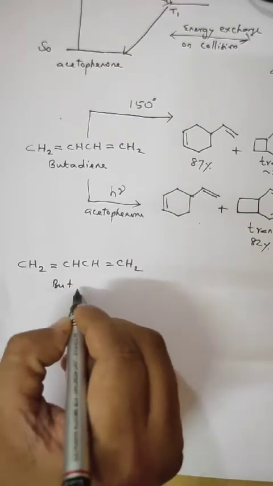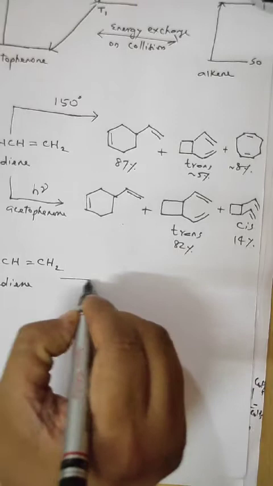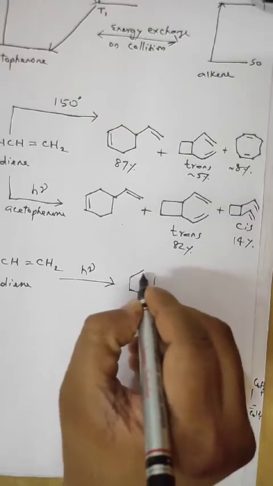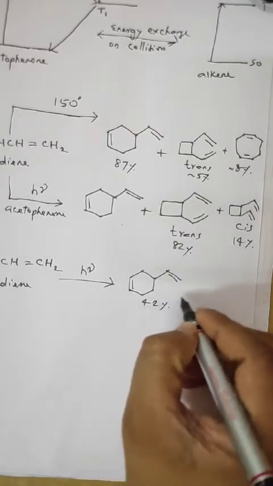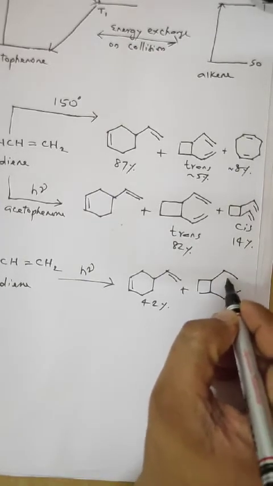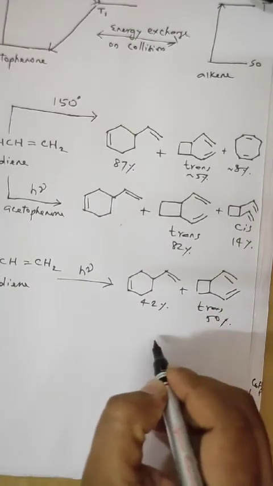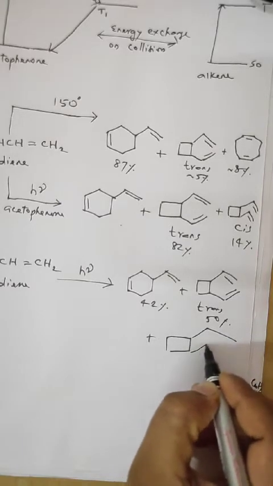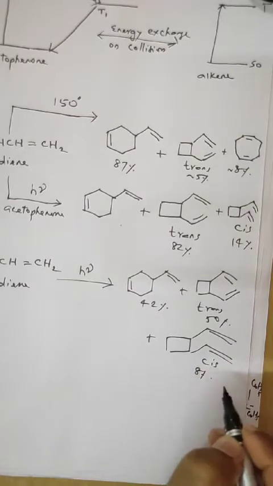This is butadiene, which on photochemical reaction gives 42 percentage, plus this is the trans, 50 percentage, plus this one is cis, around 8 percentage.